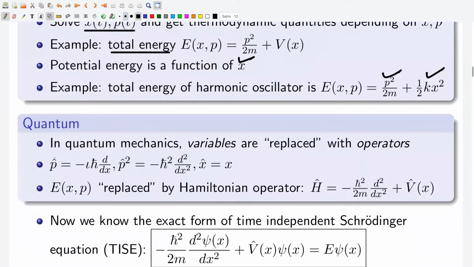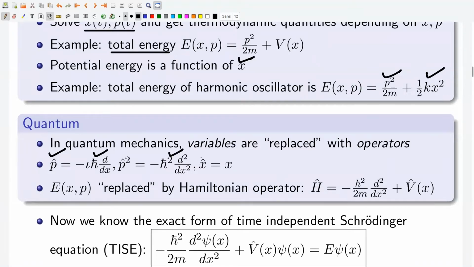So instead of solving for position and momentum, what we have to do is define something called the momentum operator, which is given by minus i h-cross d/dx. So this is some differential operator. Or you can define something called the p squared operator, which is minus h-cross squared d²/dx², again a differential operator.